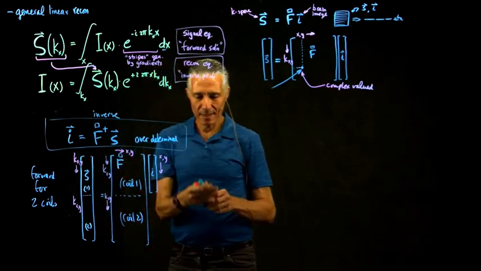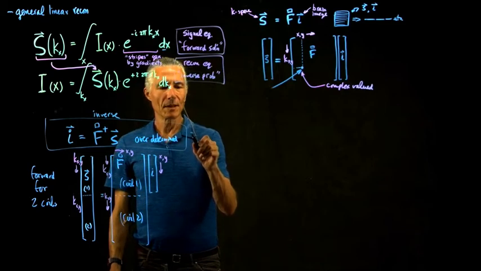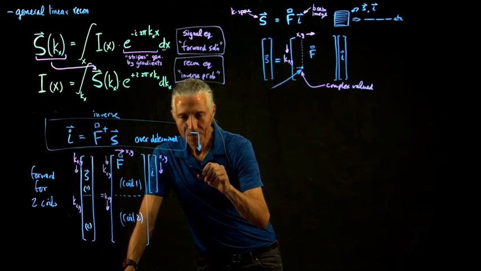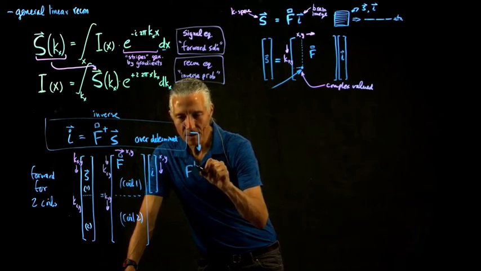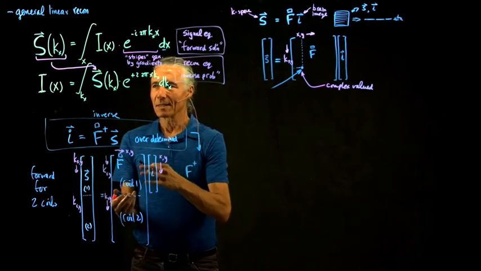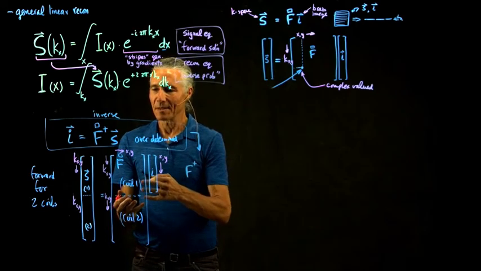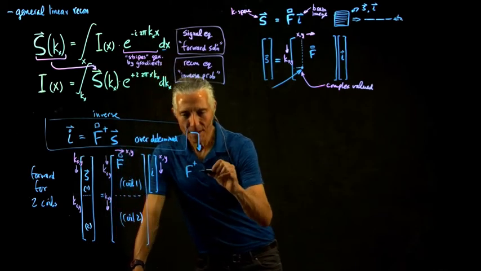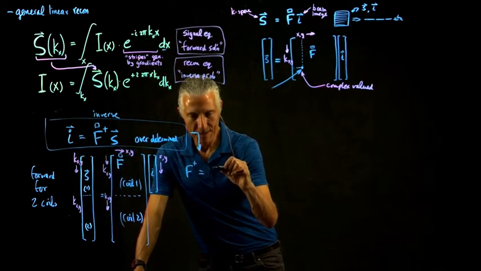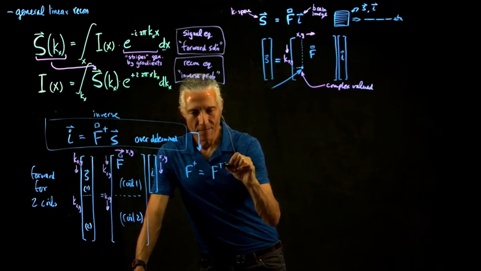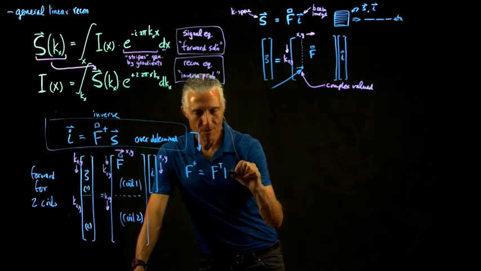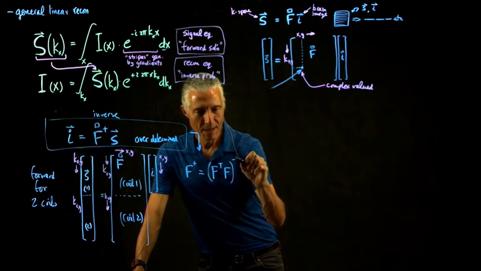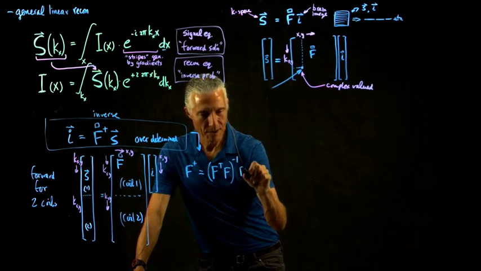So when we do this inverse, there's a couple different ways of writing it out. We could write out the inverse, this pseudo inverse, which is an inverse that will work with a rectangular matrix. So we could either write it out as the transpose of the matrix times the matrix inverted times the transpose of the matrix.